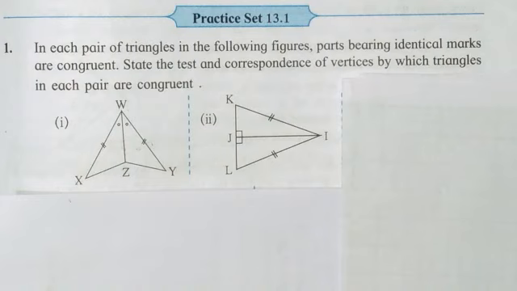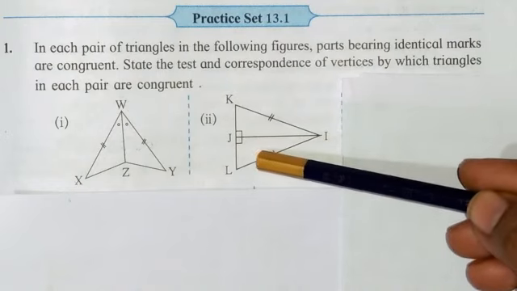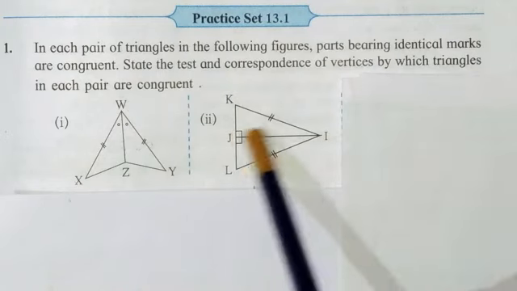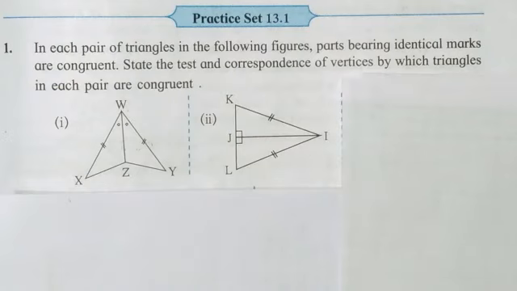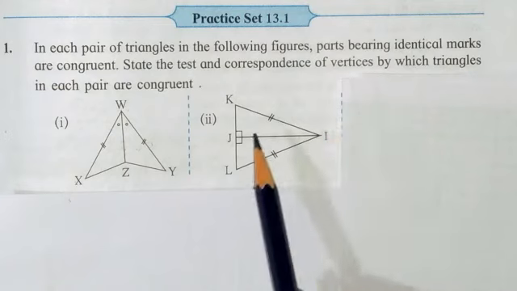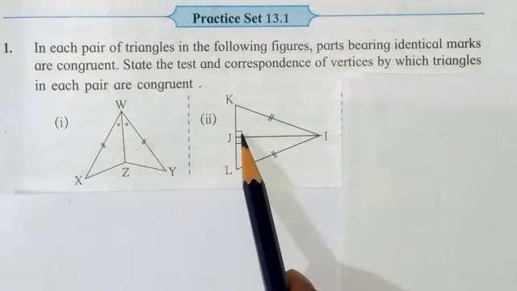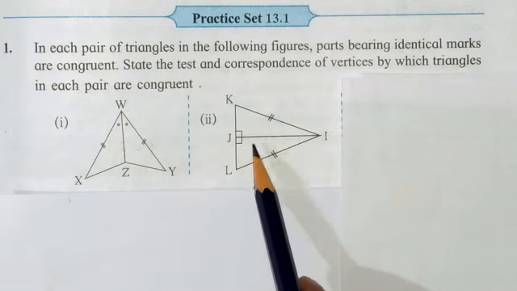Now look at the second figure. Here you can observe it is just like the previous one, because the two different triangles are joined with one common side. But students, there is a main difference between these two figures: here we can see the right angle symbol in both triangles.